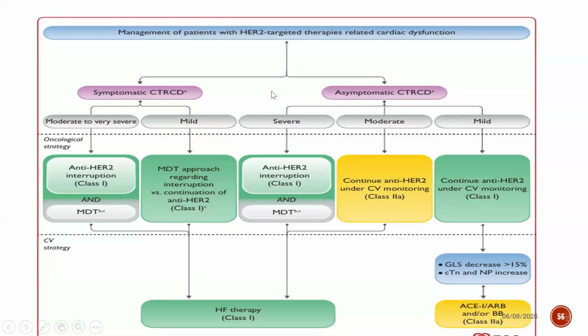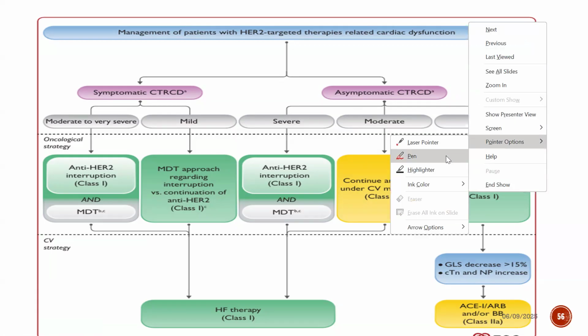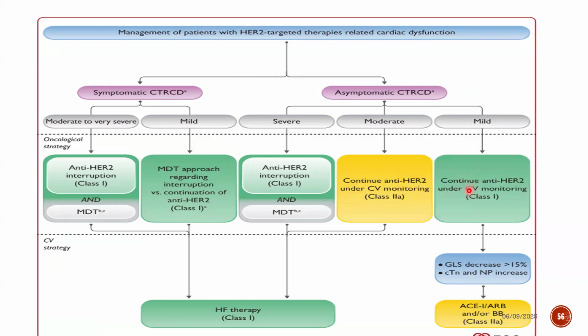So this diagram is on the management of patients with HER2 targeted therapy related cardiac dysfunction. So again, we start with the asymptomatic patients. So those who have asymptomatic mild CTR-CD can be continued on their anti-cancer therapy with cardiovascular monitoring, and then be started on cardioprotective therapies.